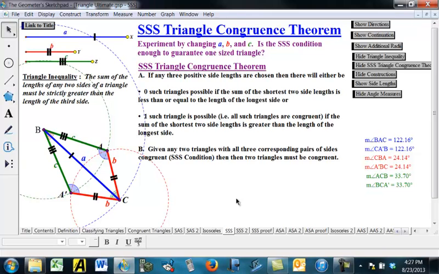In other words, all such triangles are congruent if the sum of the shortest two side lengths is greater than the length of the longest side. That's one way to think of the theorem. And the other way to think of the theorem is, given any two triangles with all three corresponding pairs of sides congruent, the SSS condition, then the two triangles must be congruent.